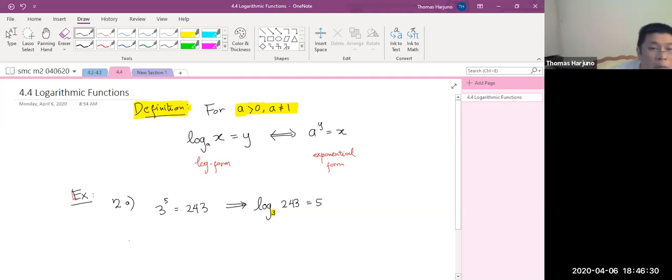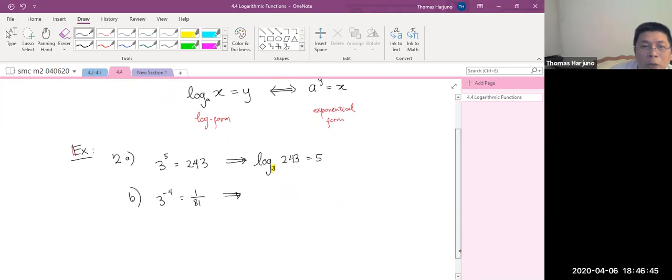Let's say part B. 3 to the negative 4 equals 1 over 81. What will the log form of that equation be?